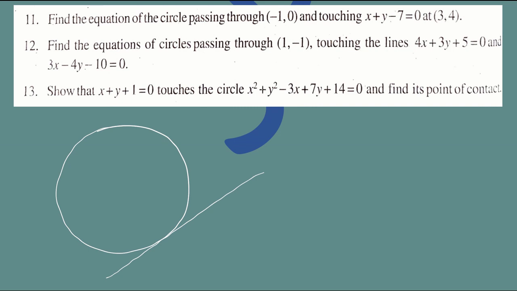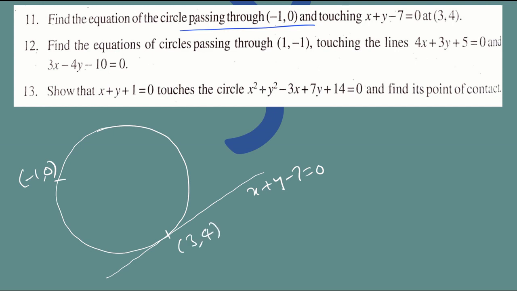Now coming to the 11th problem, you see we have a circle passing through this point. So you see here I have a circle. Suppose this is the point minus 1 comma 0, and also it is touching the line x plus y minus 7 equal to 0 at the point 3 comma 4.